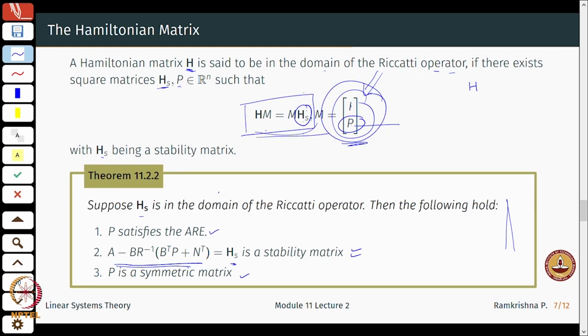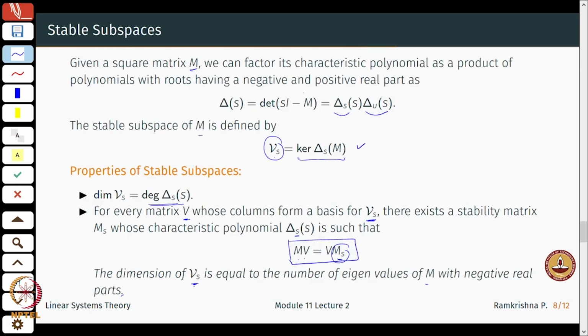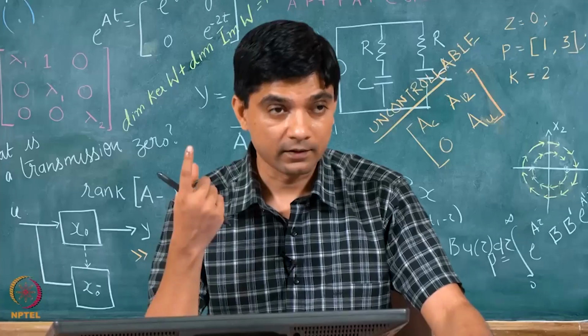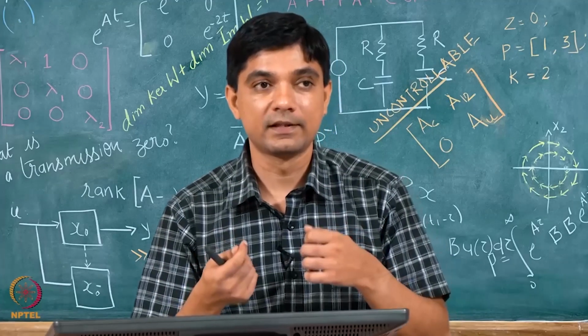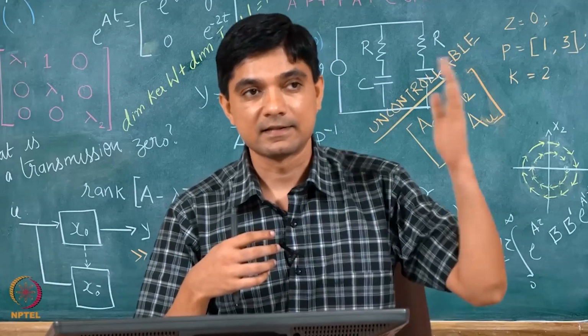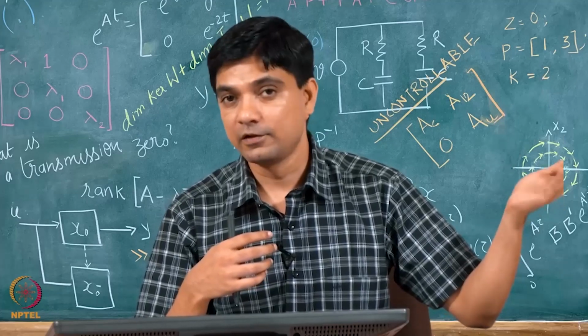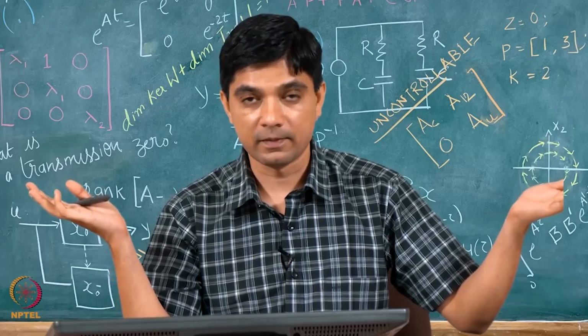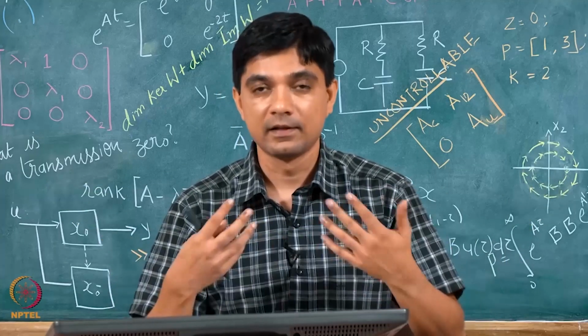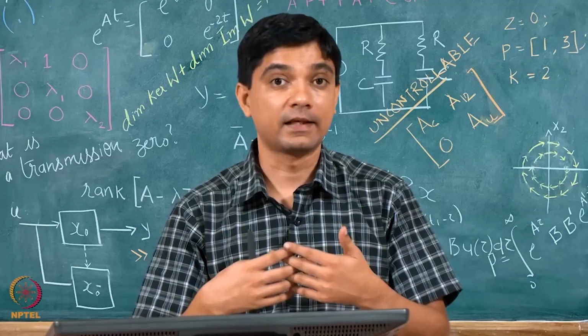So what did we do? We used the properties of stable subspaces. Second, the nature of the Hamiltonian matrix H is such that it has n eigenvalues with negative real parts and n eigenvalues with positive real parts, which means that it has a stable subspace of dimension n.